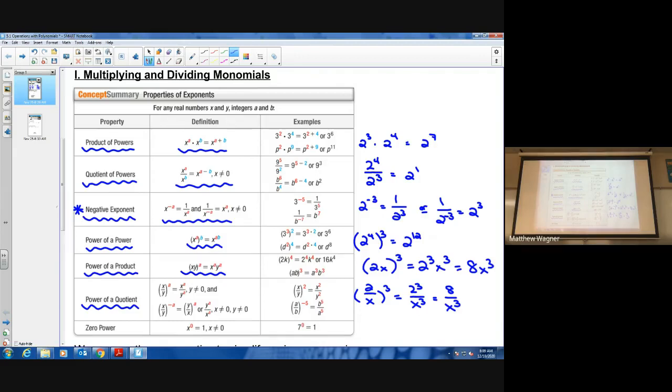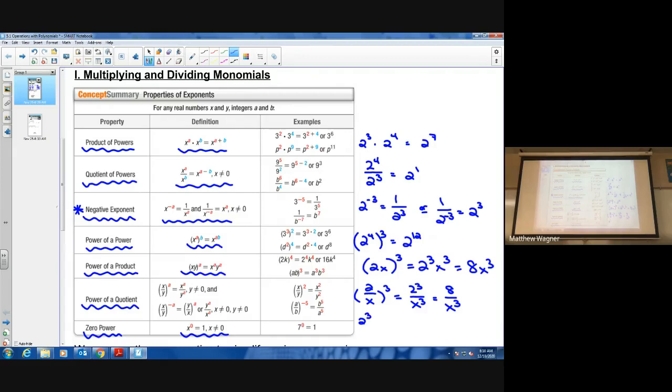All right. The very last thing is the 0 power. Anything to the 0 power is always going to be 1, not 0. Okay. And I want to show you where this idea comes from. It actually comes from our quotient property above.